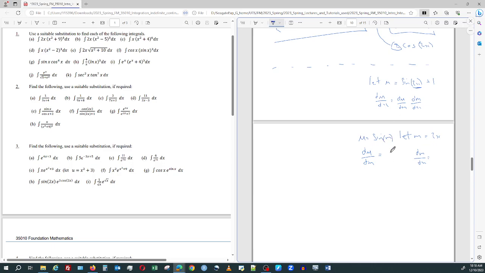So the differential of sine is cos, that will be m, and the differential of 2x is 2. So the chain goes together, and that means we've got 2 cos 2x. And then we ask the question, so we've got dm dx.